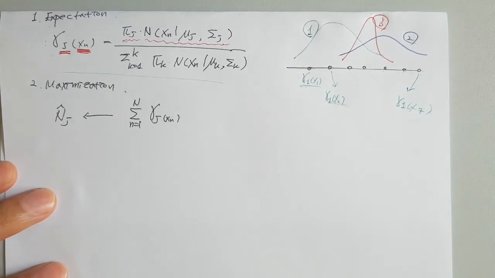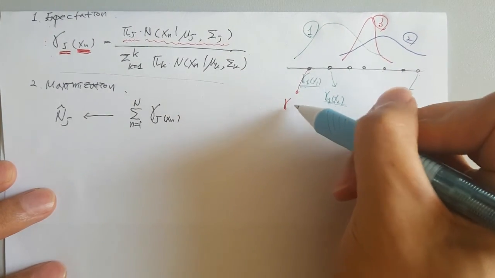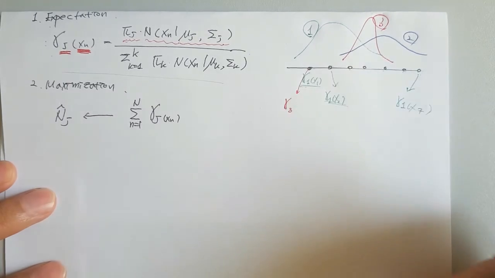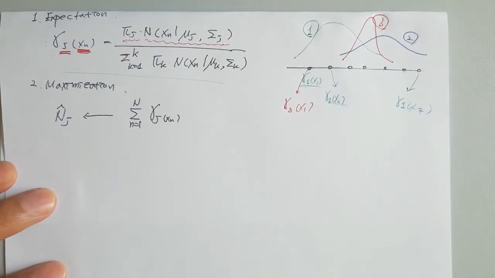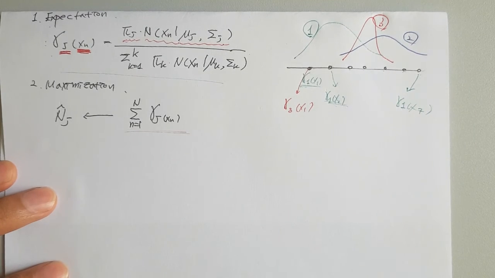Sorry, 7. And obviously, this point also has a responsibility on distribution 3, x1. So you just sum this responsibility here.